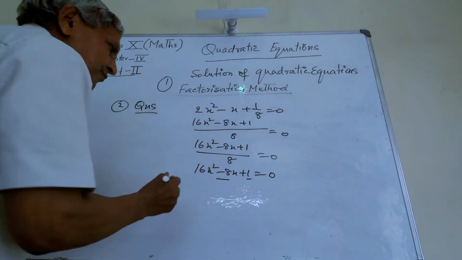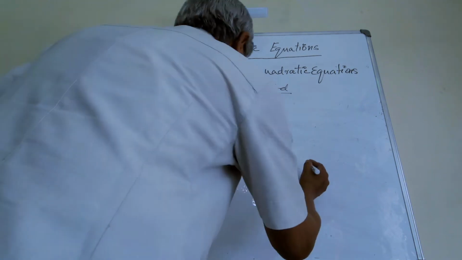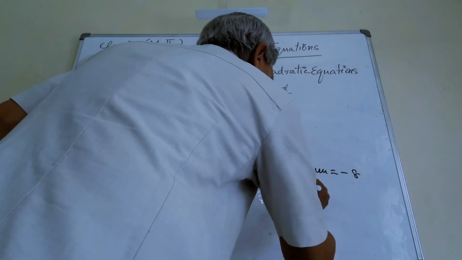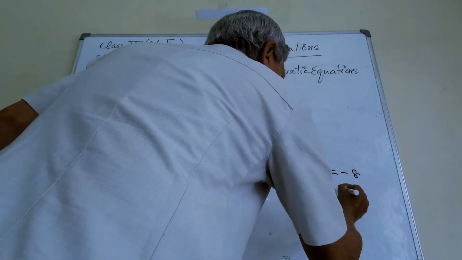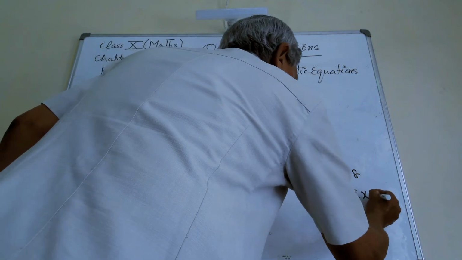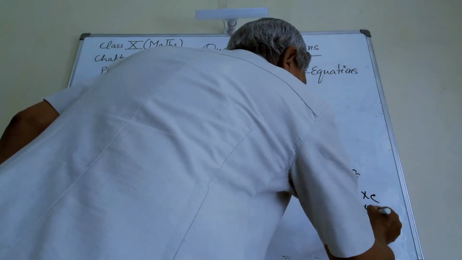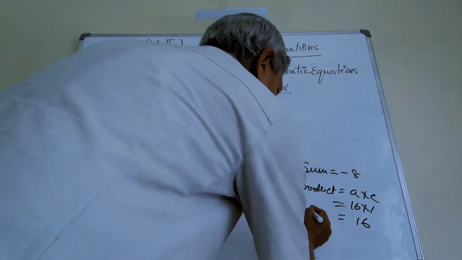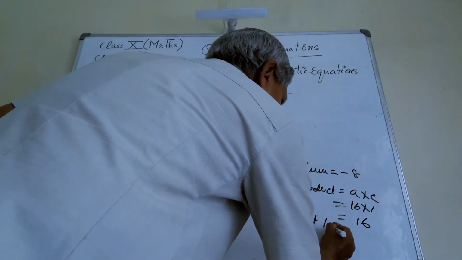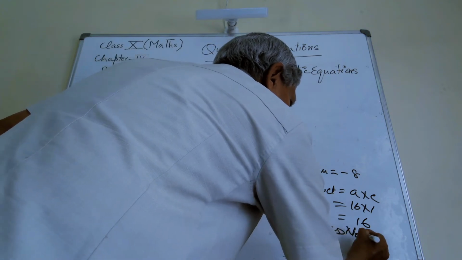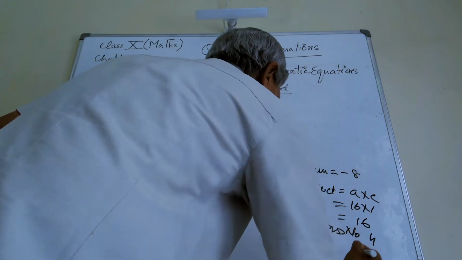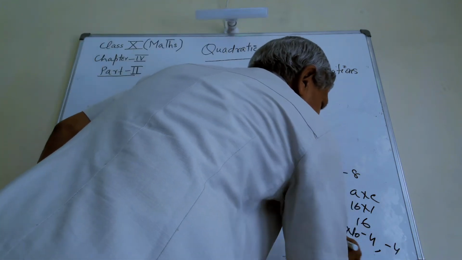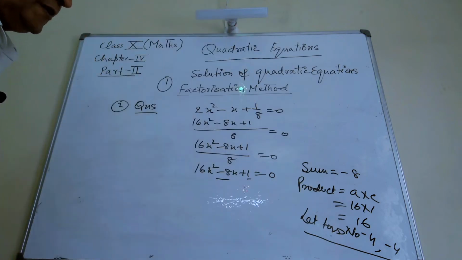Sum is equal to minus 8 and product is equal to A into C, that is 16 into 1, which is equal to 16. Let the two numbers be minus 4 and minus 4.